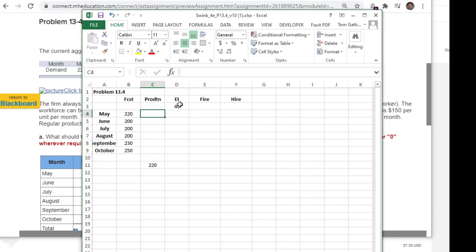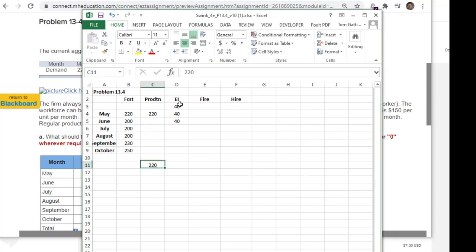So if we want to end the period with 40, then we need to make 220. Our workforce is exactly the right size, so that's good news. We don't need to hire or fire anybody in May. So now we roll into June. We start with 40. We want to end with 40. We need to produce 200.